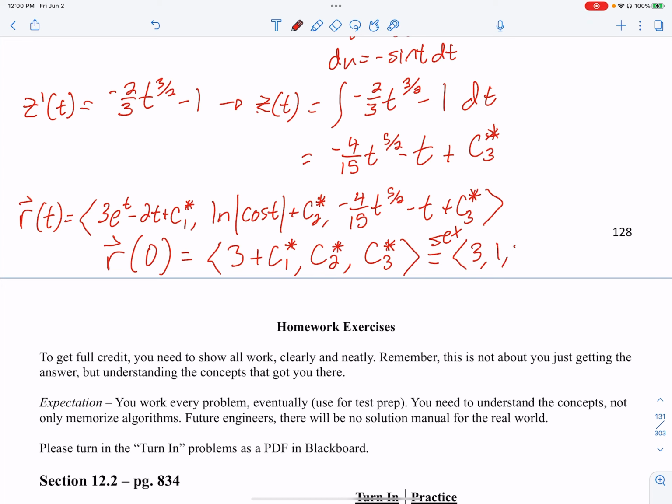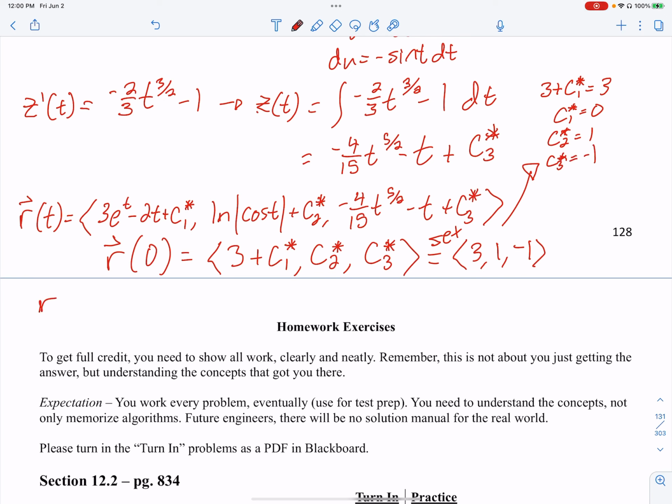So I got 3 plus c1 star is equal to 3. So that means c1 star is equal to 0. c2 star is equal to 1. And c3 star is equal to negative 1.